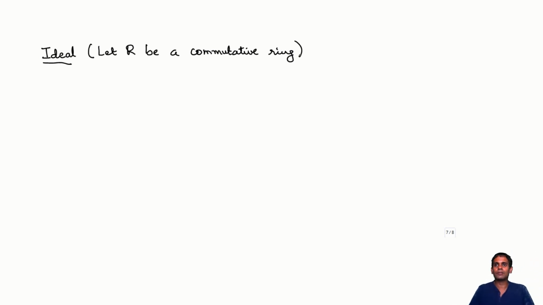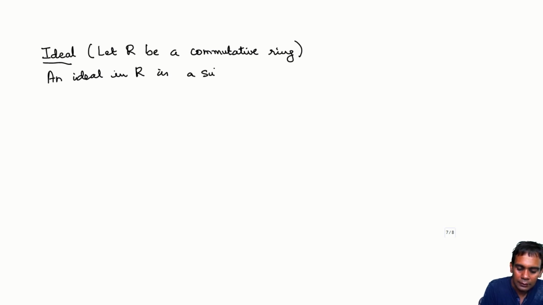Though this definition should also be made for non-commutative rings, we'll do that later. So assume that R is a commutative ring, then an ideal in R is a subset I of R such that two properties hold. The first is that I is a group under addition.